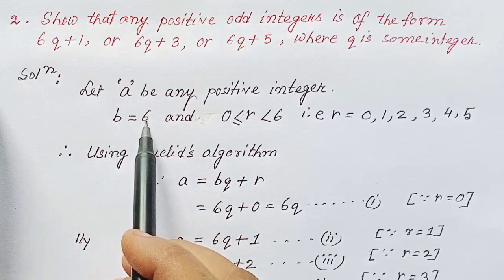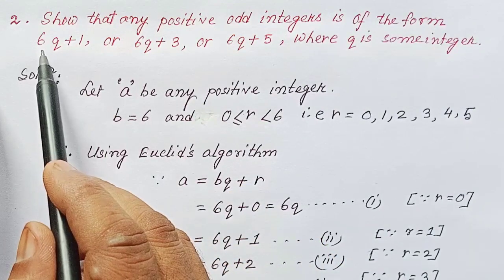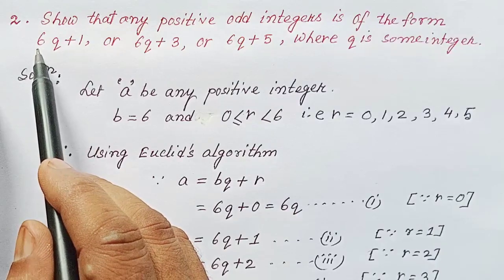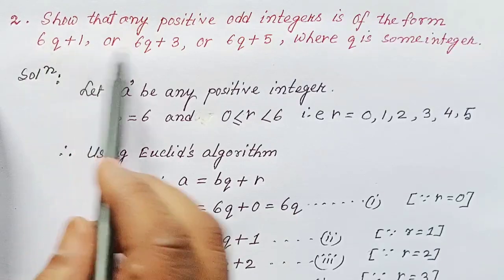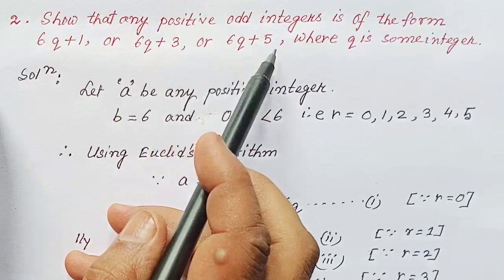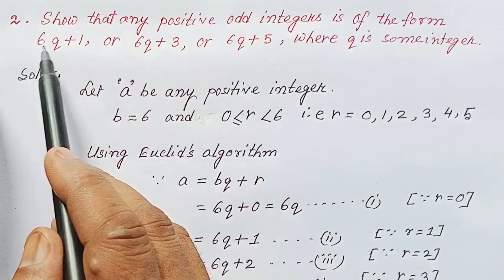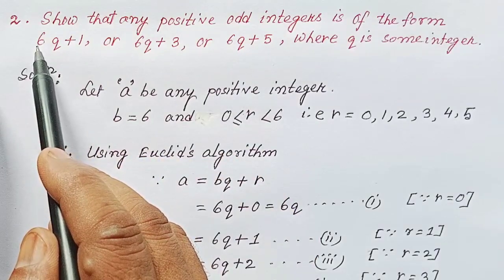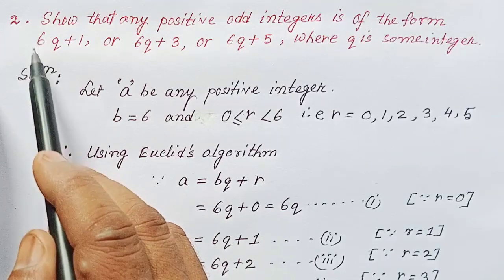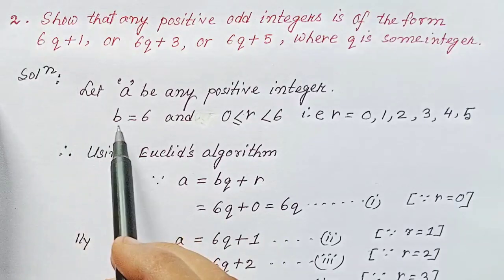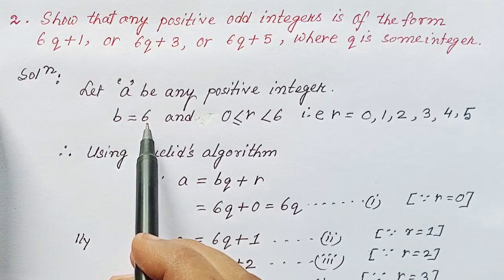Why b equal to 6? You see, the integers are of the form 6q plus 1, 6q plus 3, 6q plus 5. So in this place 6 is the value of b. So b is equal to 6.